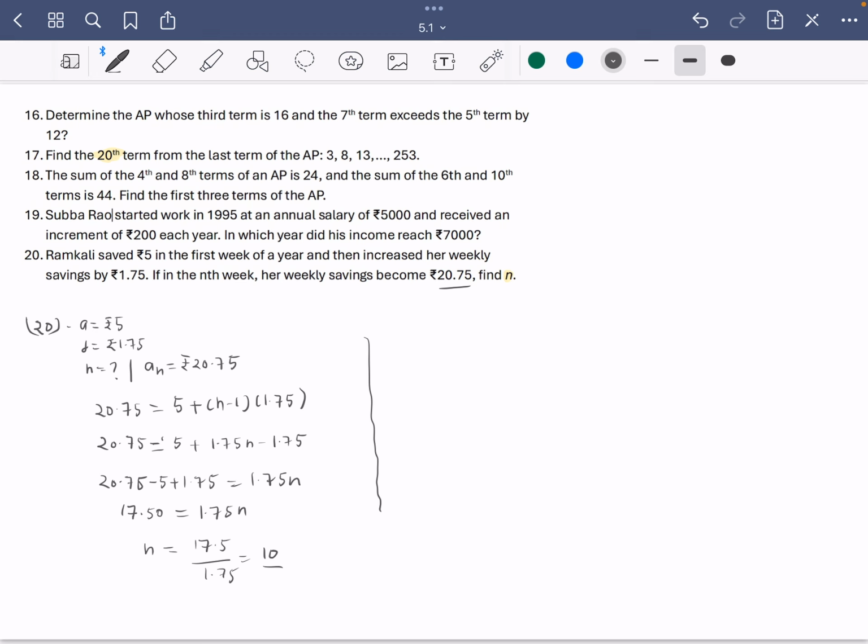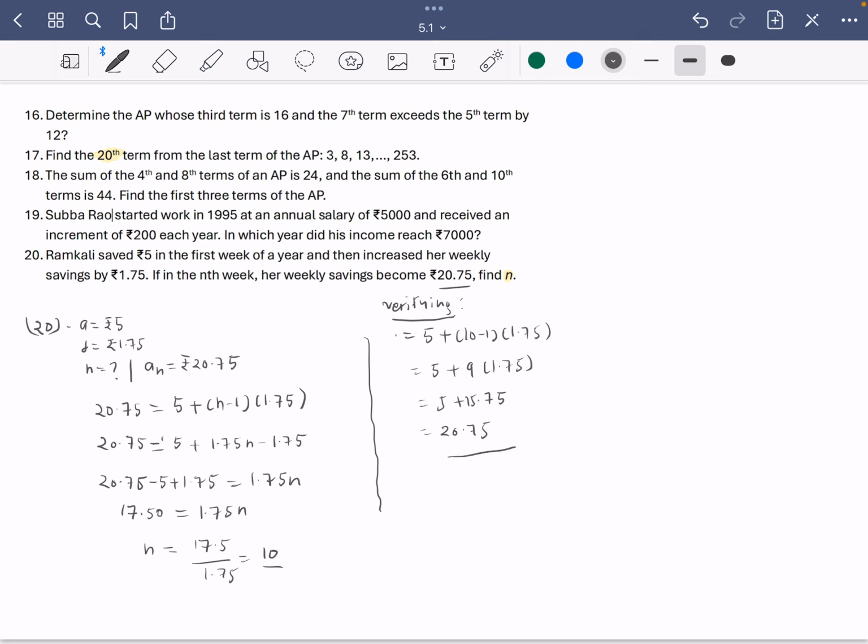So starting from 5 plus n minus 1, 10 minus 1 times 1.75, you're verifying it. 10 minus 1 is 9. 5 plus 9 times 1.75. 5 plus 15.75 is 20.75.